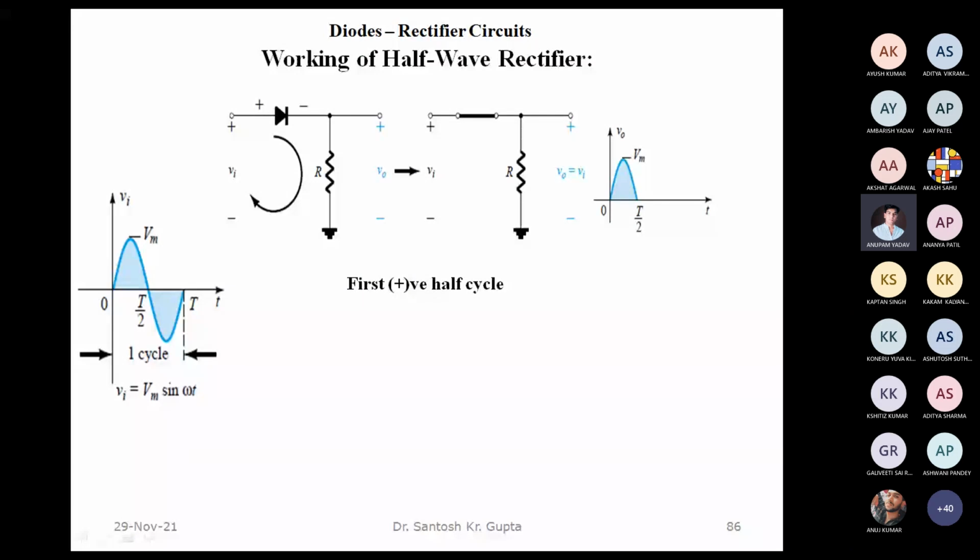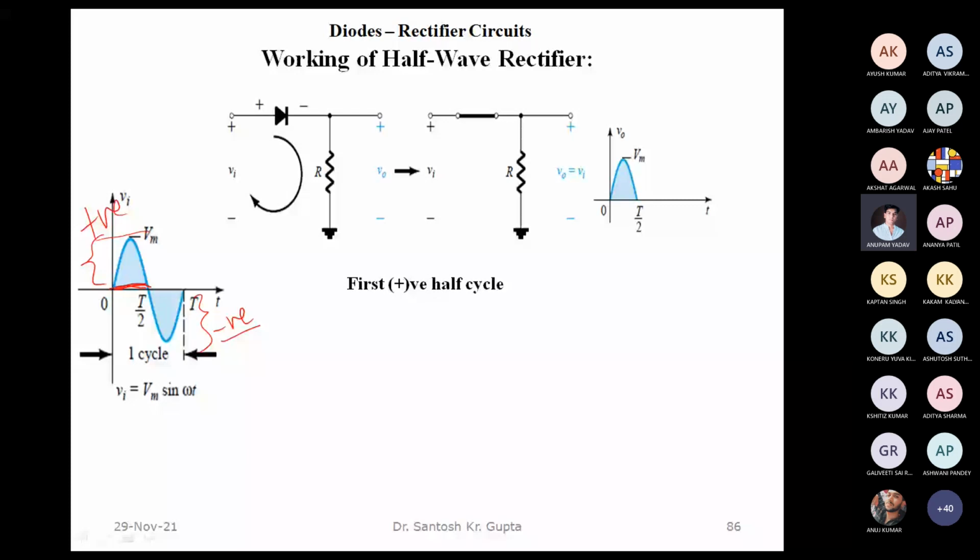Because the potential is changing, for the half time period, when we are in the positive half, this part above the horizontal axis is called the positive half cycle, and below this is called the negative half cycle. So we have positive half cycle and negative half cycle.